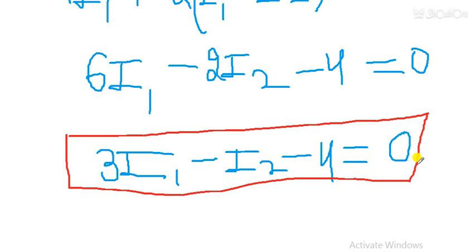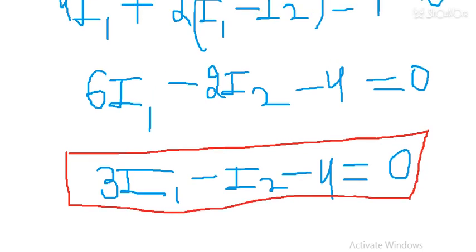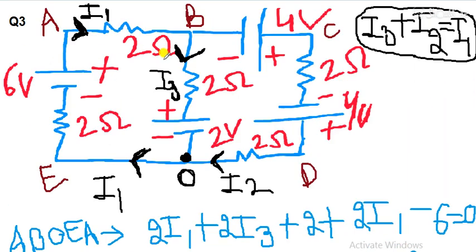So students, you can see the procedure again. Firstly, we have to assume the directions of current. So I am assuming this positive terminal is giving current I1, this positive terminal is giving current I2, and I assume that I3 current is flowing in this direction. Then using the KCL law here at point O, current I3 is coming towards and I2 is coming towards. That means I3 plus I2 is equal to the current going away, that is I1.